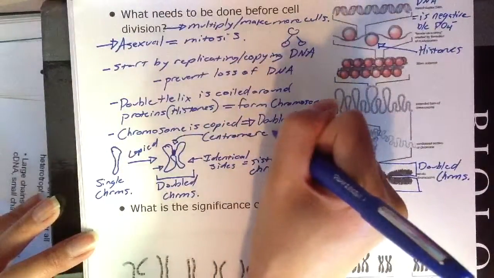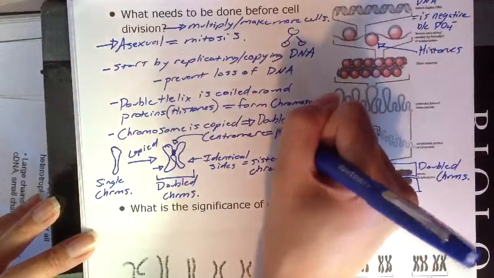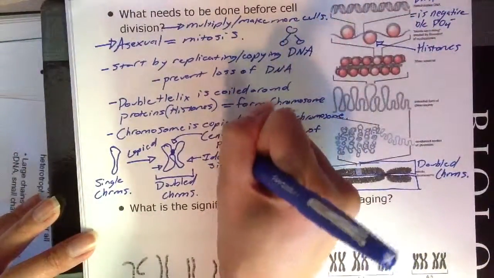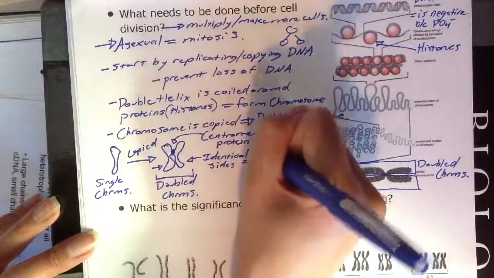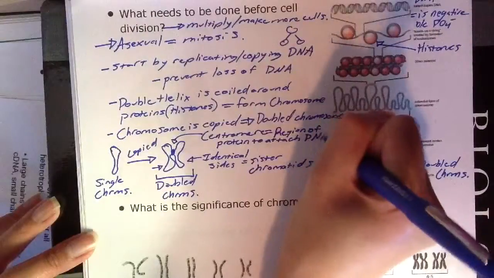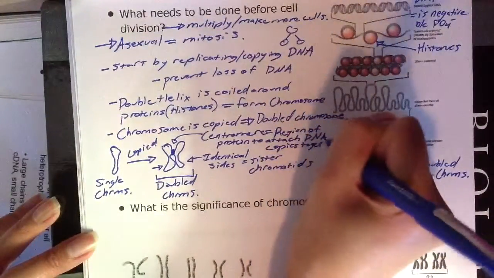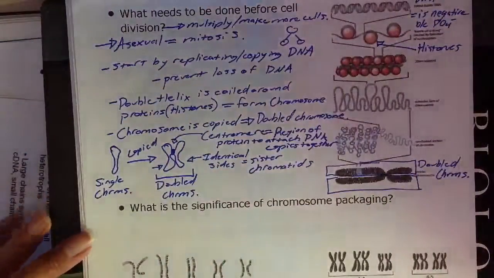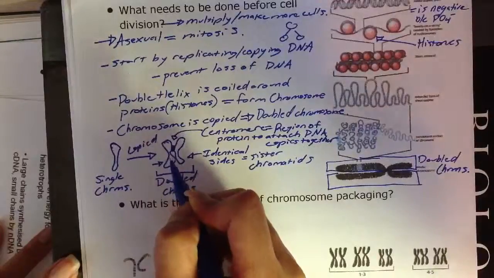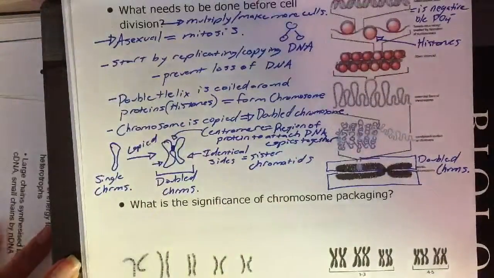And the centromere holds the two sides together, the two identical copies. And this is a region of protein to attach DNA copies together. And it also turns out that when we go through mitosis, the centromere is where spindle fibers attach and where spindle fibers can actually move the doubled chromosomes around the cell.